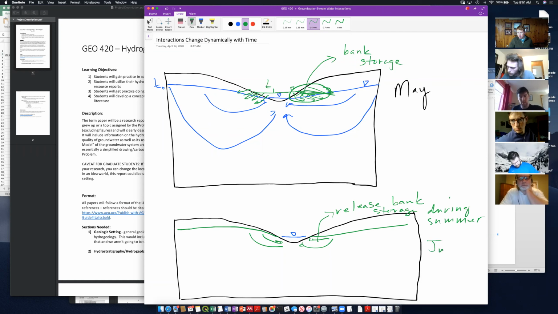So say this is July. All right, so now we're releasing that water that we stored in the banks, and the stream levels dropped again, and we're now a gaining reach again.